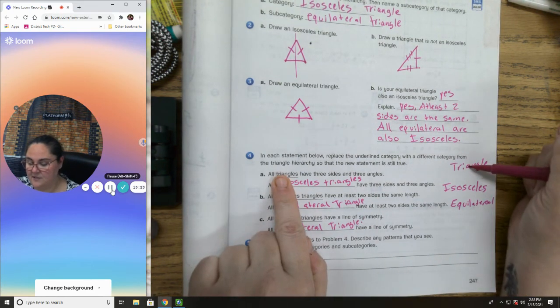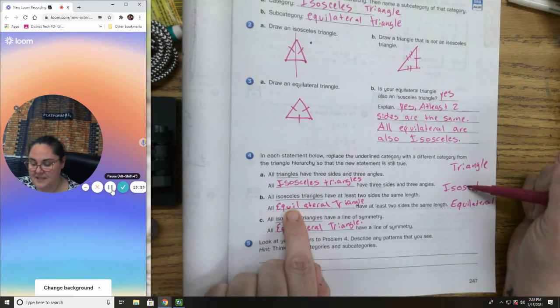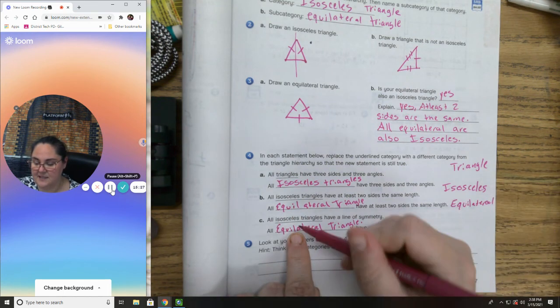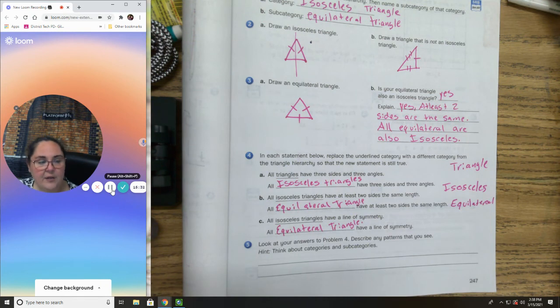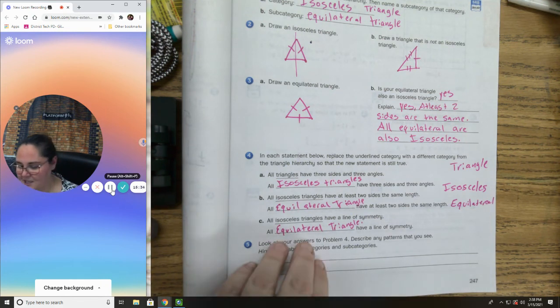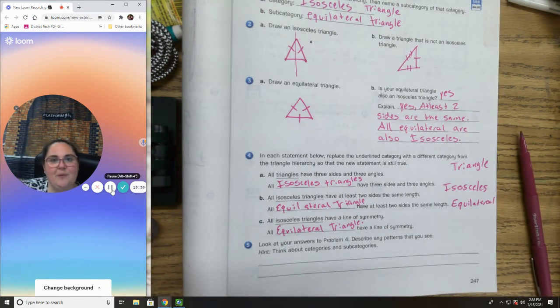So if this is triangle, I can use anything below it. This is isosceles, I can use anything below it. Okay? I want you to tell me in your own words. Go ahead and put it in this answer box. What is one thing that you noticed about the categories, subcategories, or number 4 patterns that you saw?